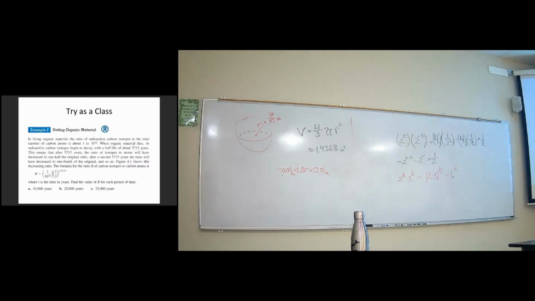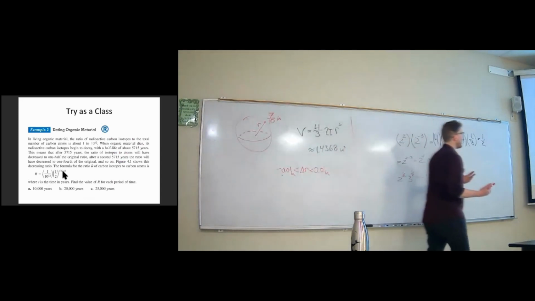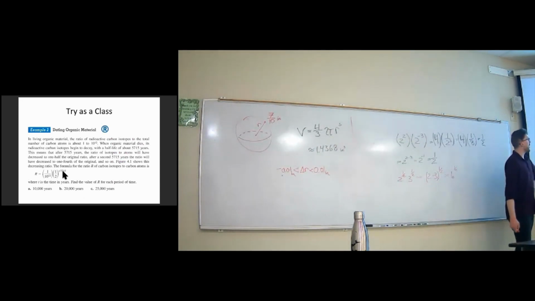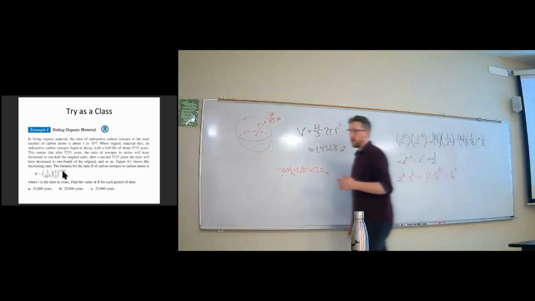That's it. So now, just a couple more examples of using exponentials. When doing things like carbon dating, what we're looking at is the presence of radioactive isotopes of carbon.